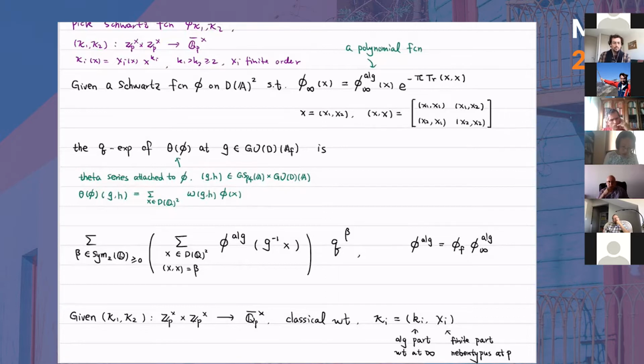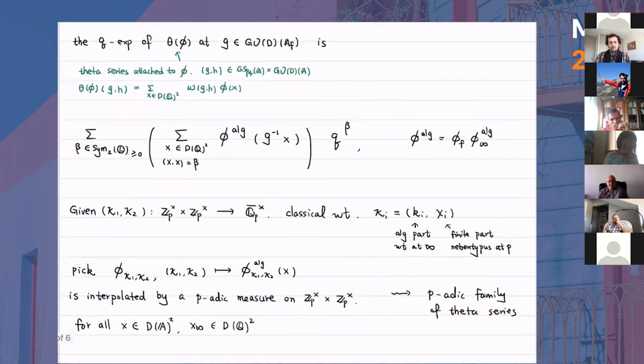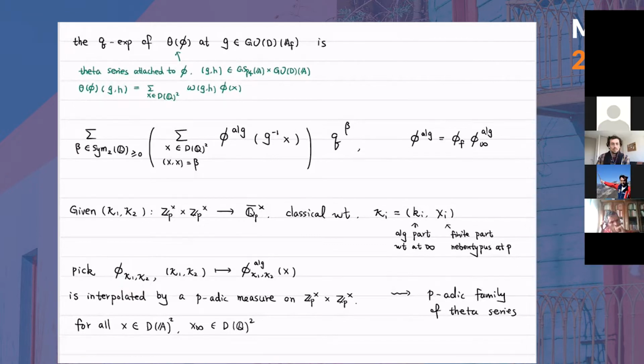Okay, so now we have this formula. Once I'm given the classical weights kappa 1 and kappa 2, I want to pick the Schwartz function phi_{kappa 1, kappa 2} such that its value at a point x is interpolated by a p-adic measure on Z_p^× times Z_p^× when kappa 1, kappa 2 vary in the weight space.